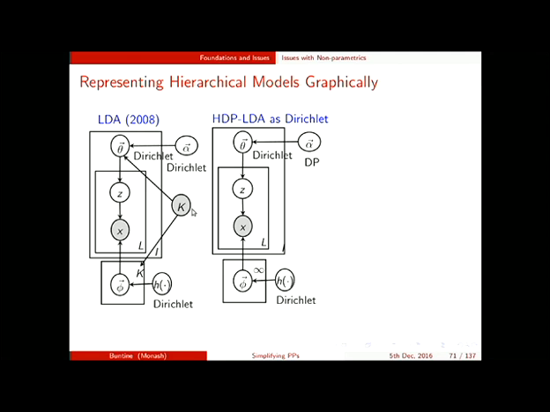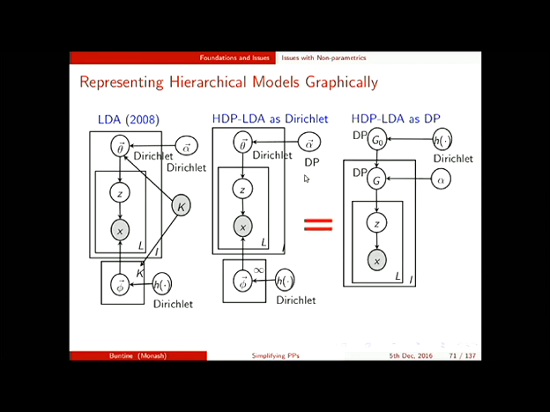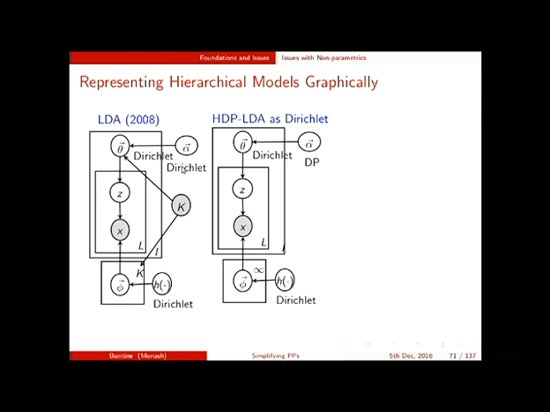You no longer have a finite level, so K is now infinite. The other thing that's different is that you've replaced that Dirichlet by a DP. So Dirichlet is a finite thing. If you want to have an infinite probability vector, we use a Dirichlet process. So that's the difference between these two methods.